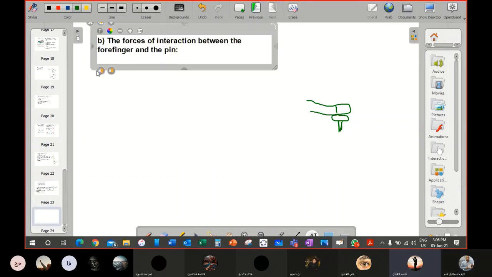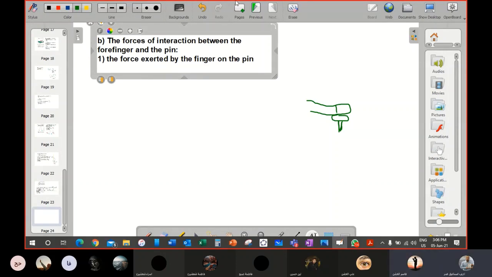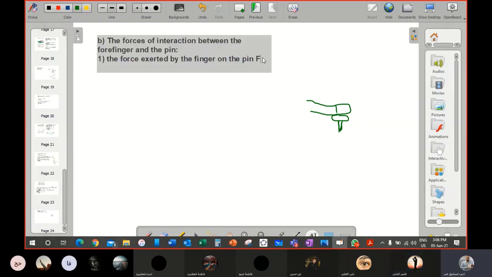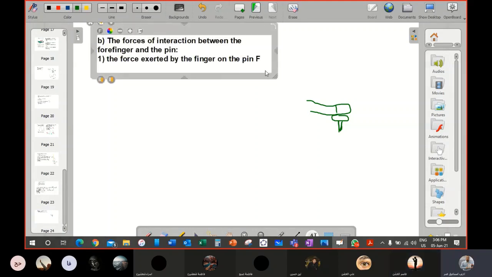The force exerted by the finger on the pen. F vector. Professor, I put the force of the finger, meaning muscle force or action. Okay, that works, but let's say F small f on pen P. F on P. Okay.